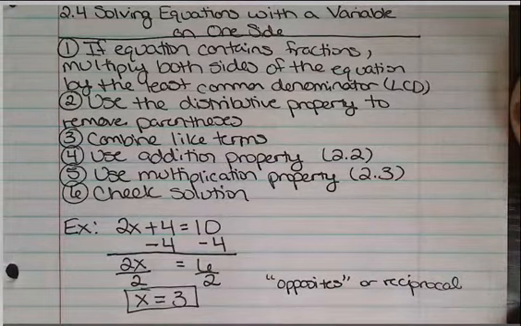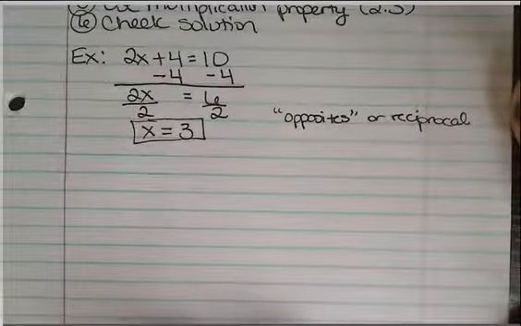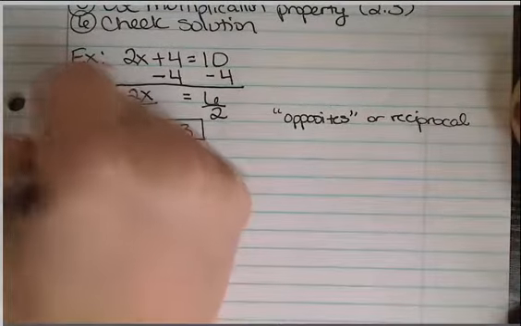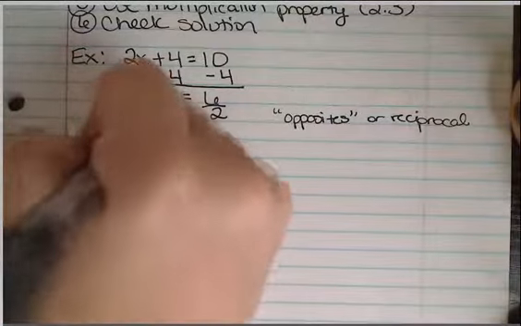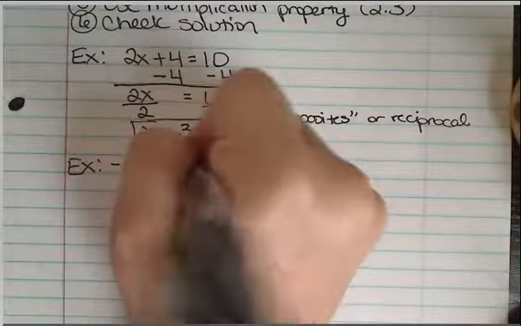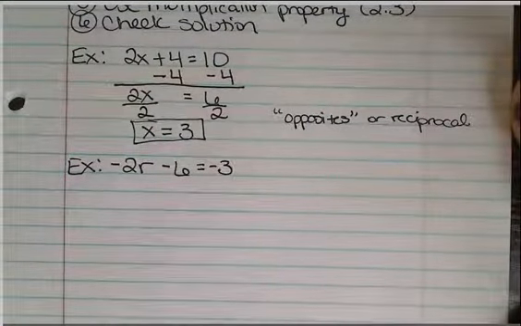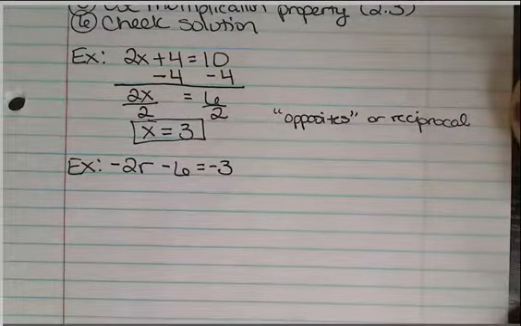Okay, let's do another problem. Example: negative 2r minus 6 equals negative 3. Step 1 is looking for fractions. We don't have any. Step 2 is looking for parentheses.